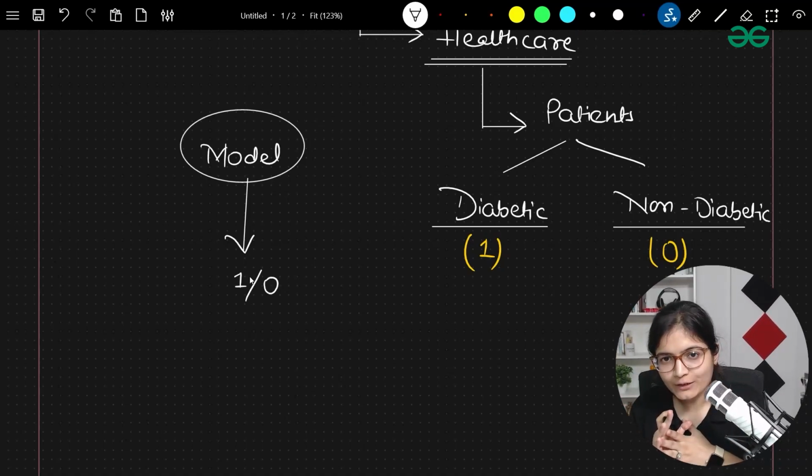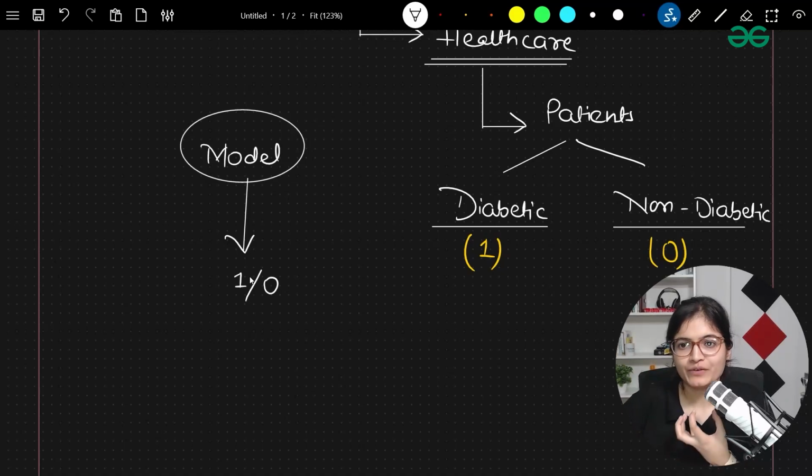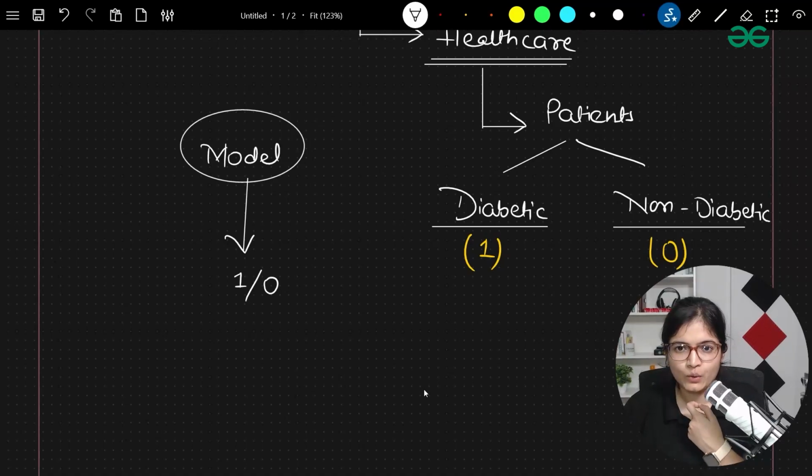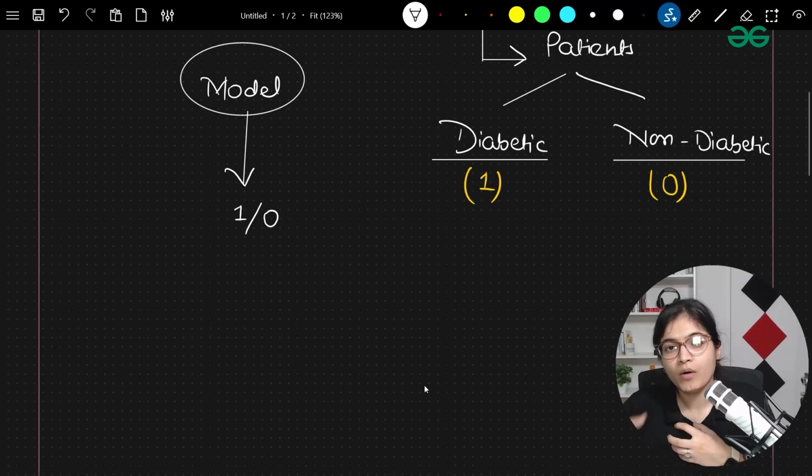Now, obviously, to determine whether the patient is diabetic or not, we require the input data. We require the records of the patients who are diabetic and who are non-diabetic so that our model will try to learn the patterns. This is how basically the algorithm works, right?